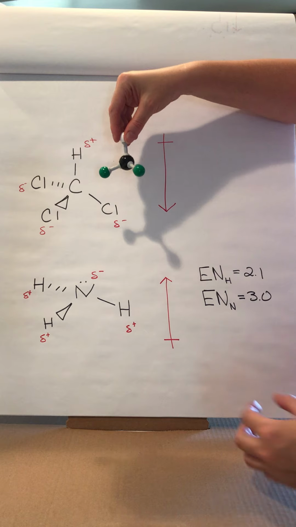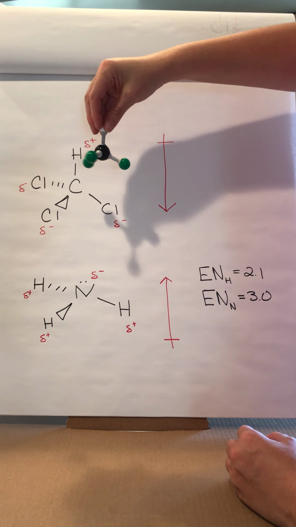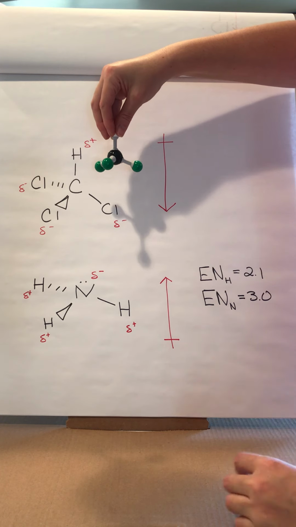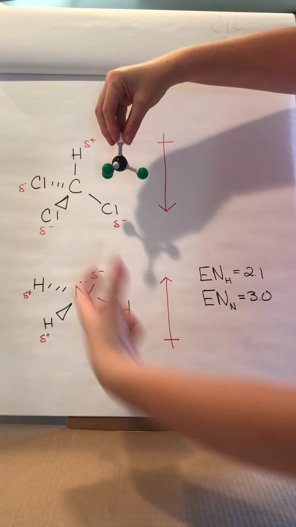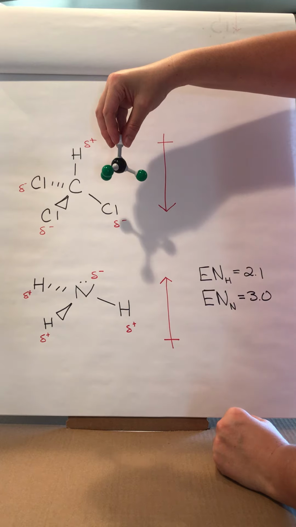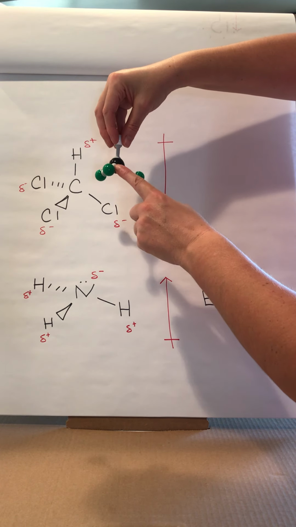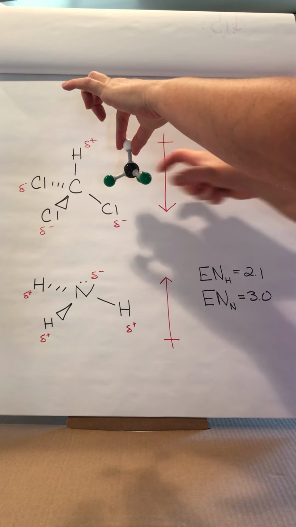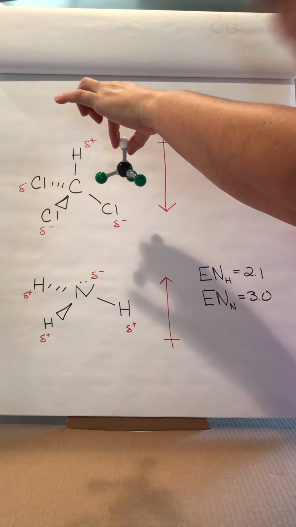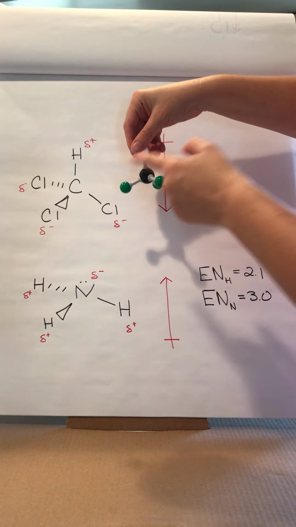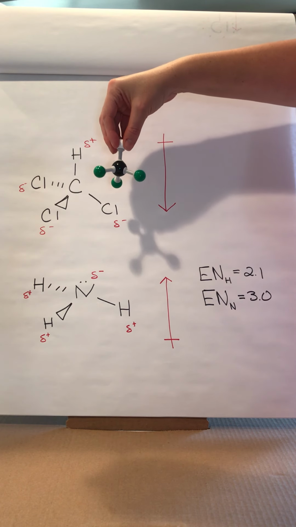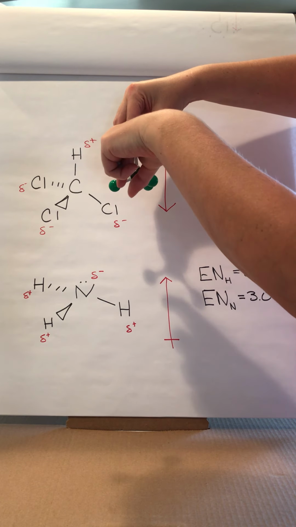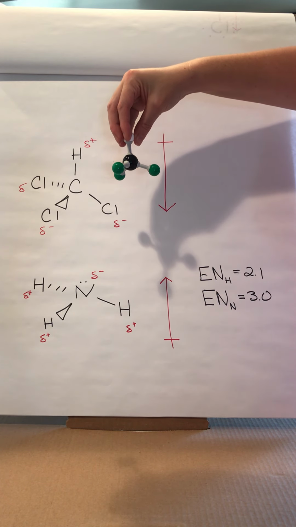Now the out components, say we're looking at this chlorine right here. It's trying to pull out this way, but these 2 chlorines on the other side are pulling back this way, and they're saying, nuh-uh. And this guy's trying to pull out towards itself, but these 2 on the other side are pulling back and saying no. So the out components that happen are canceling out, but the pull down a little bit on each one of these is adding up.